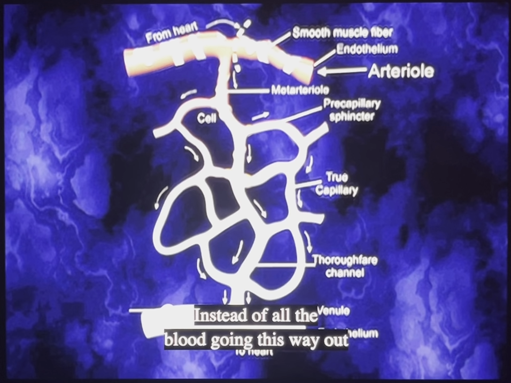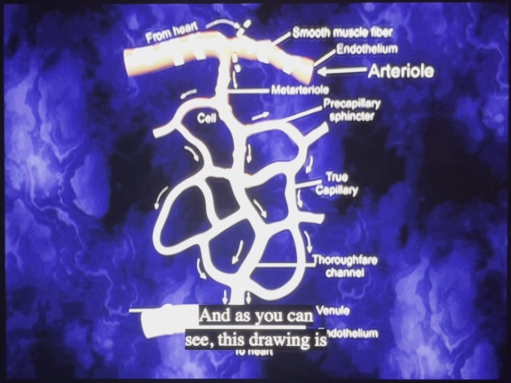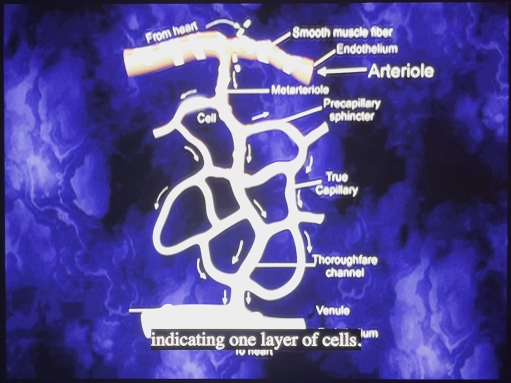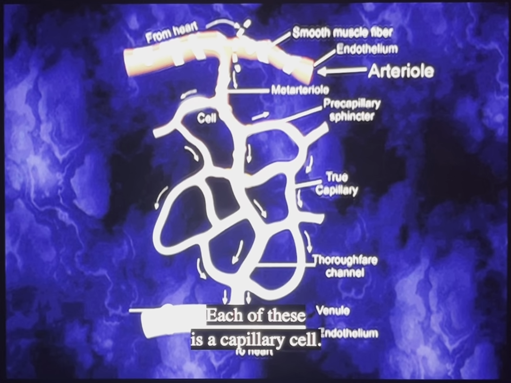Instead of all the blood going this way out that arteriole, it would come down into the smaller vessel and then into even smaller ones until we get to something called the capillary, which is the smallest structure we have here. And as you can see, this drawing is indicating one layer of cells. Each of these is a capillary cell. There's only one of these in thickness on the wall. This you could see through, for example, if you shined light.